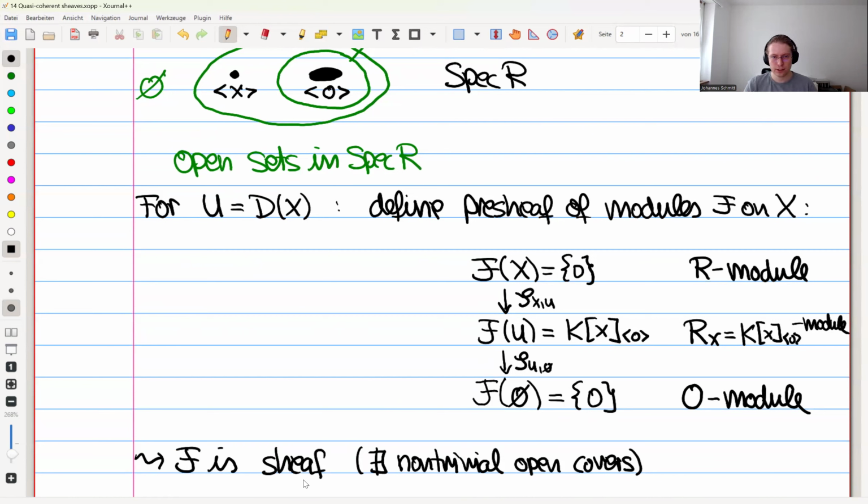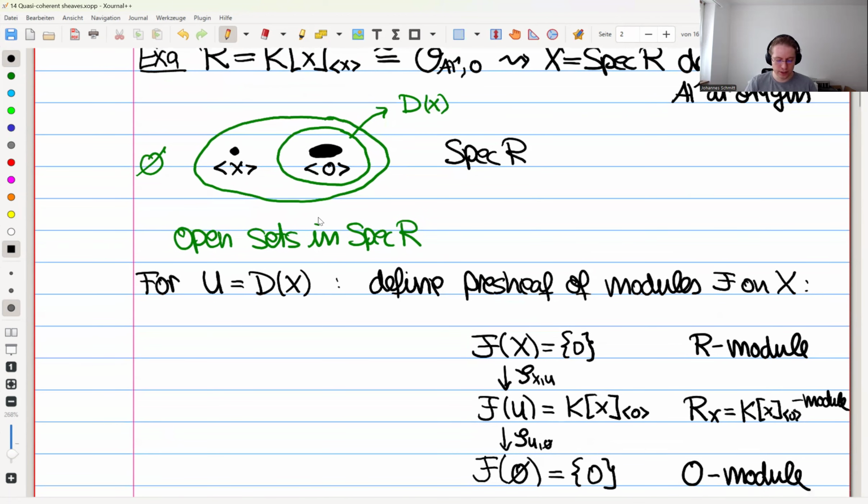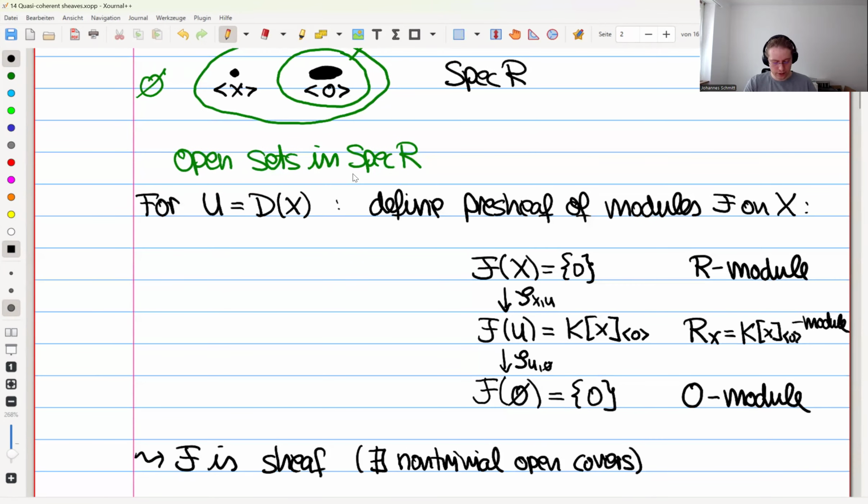I mean, the sheaf property says if you have U and you have a cover of this and compatible things on the overlaps, then they glue together. But you see, for these three open sets, you cannot cover any of them with stuff that is not already just the set itself. And so for trivial reasons, this F is a sheaf.